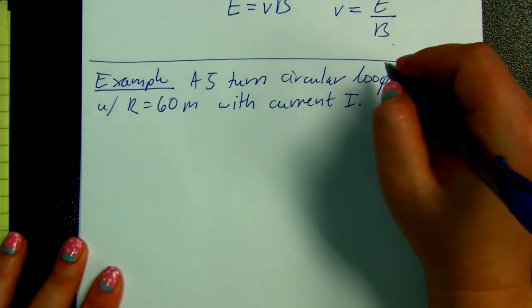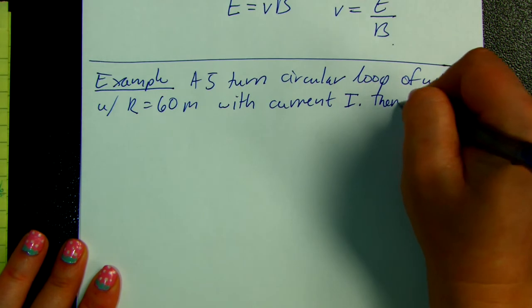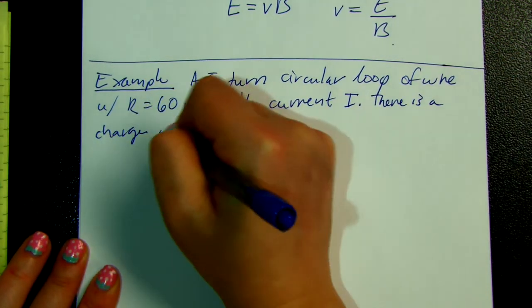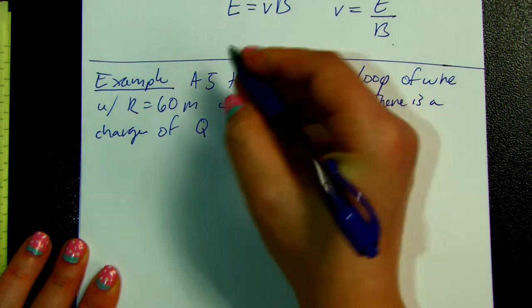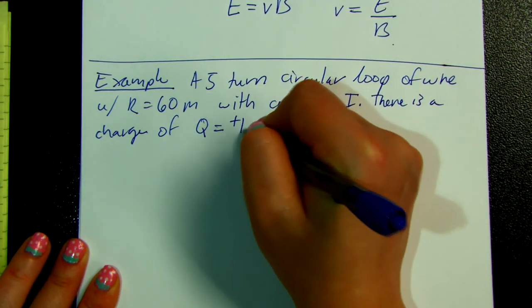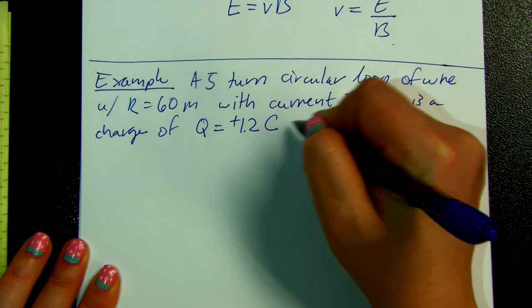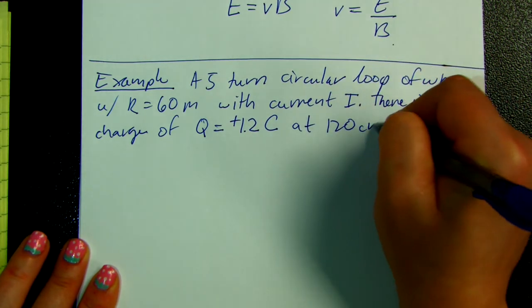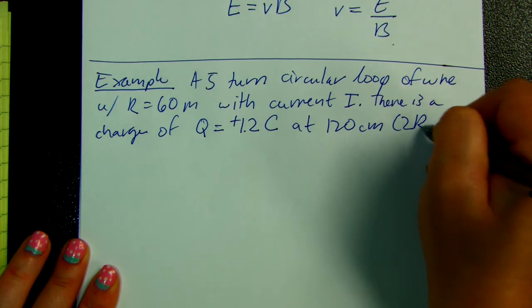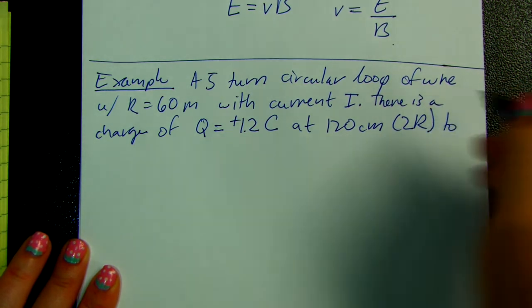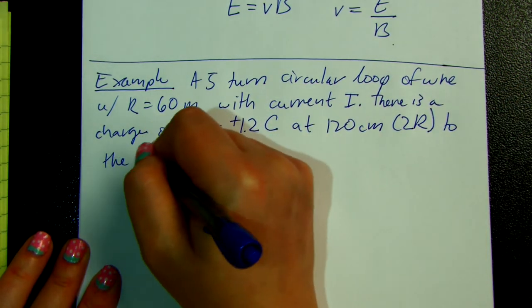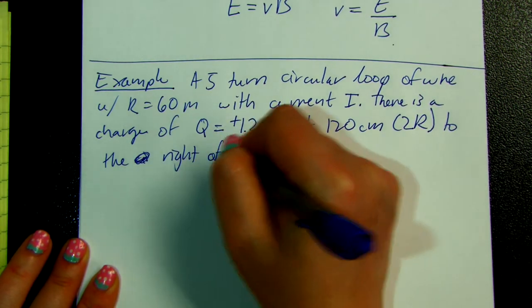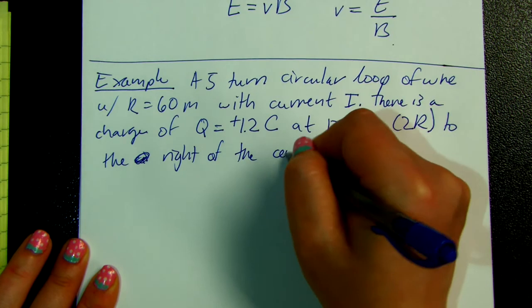Okay, so there is a charge of Q equal to positive 1.2 coulombs at 120 centimeters, or 2 times the radius, to the right of the center.